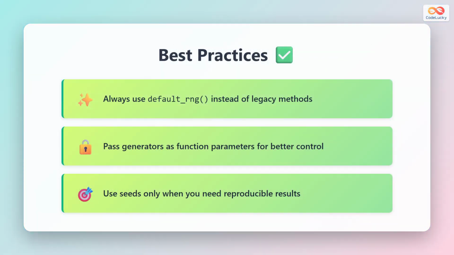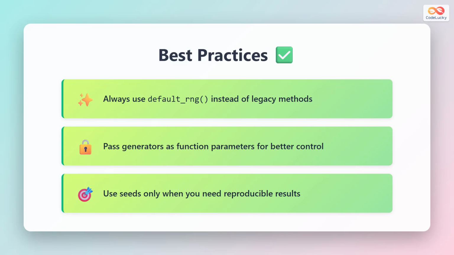Let's wrap up with some best practices for using the generator class. First, always use default_rng instead of legacy methods like np.random.seed or np.random.rand. The new generator API is more robust and future-proof. Second, pass generators as function parameters for better control over randomness in your code.